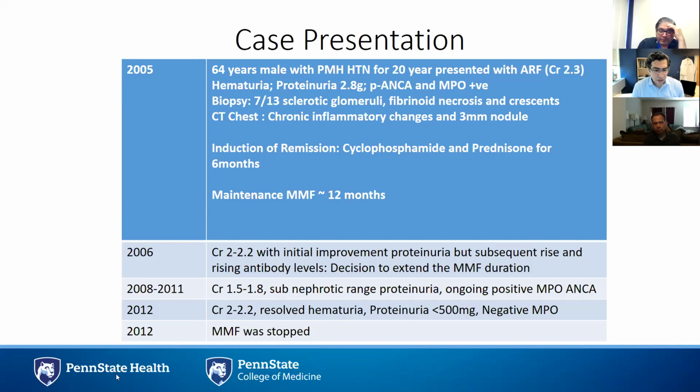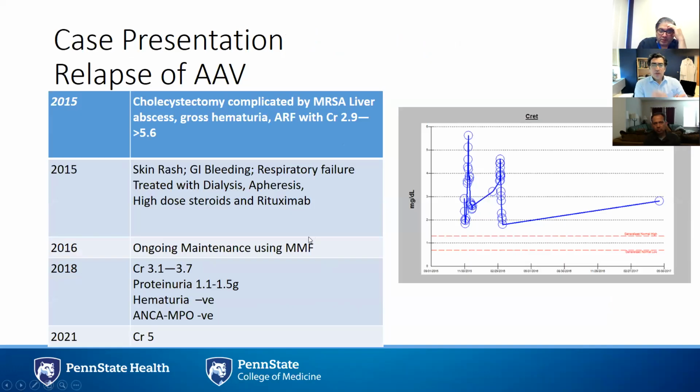So let me go to the next slide. In 2015, he had a relapse. The point I want to make is that there was initial disease, he was treated, there was maintenance of remission, and then in 2015, 10 years after the original, he underwent cholecystectomy, and after that he developed a liver abscess.